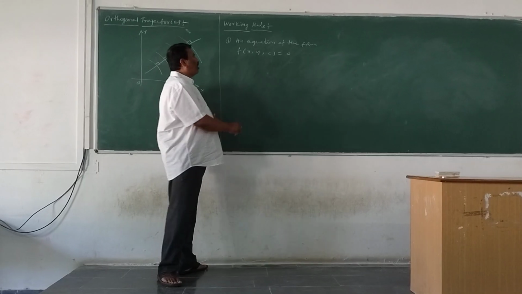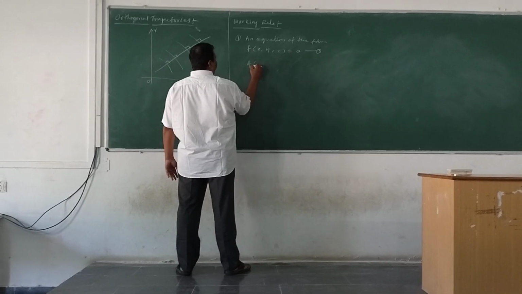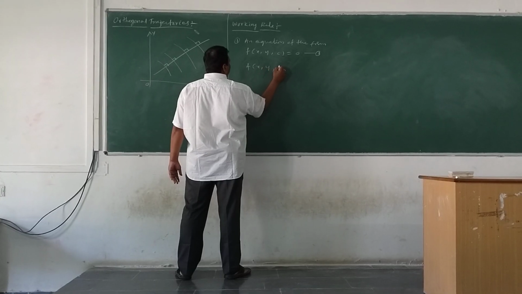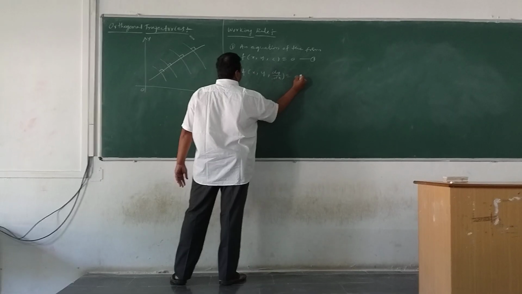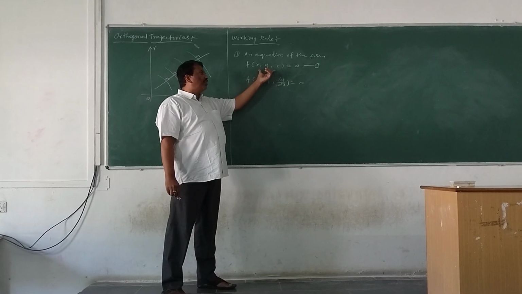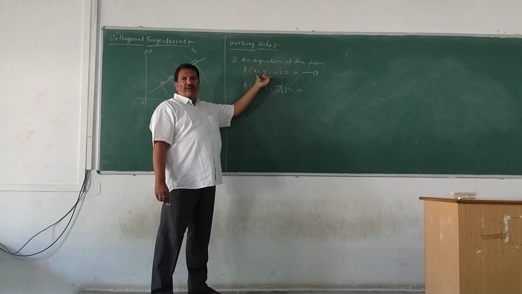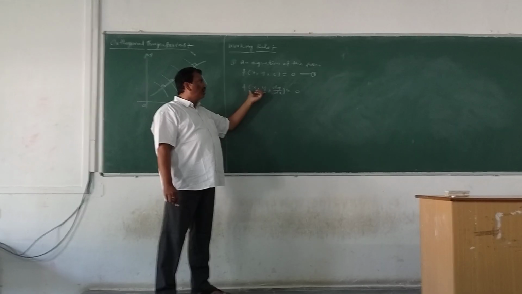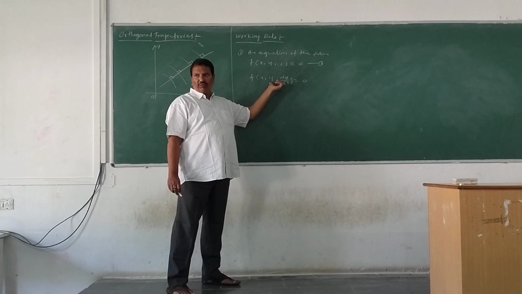Differentiating equation 1, it becomes f of x comma y comma dy by dx equals 0.